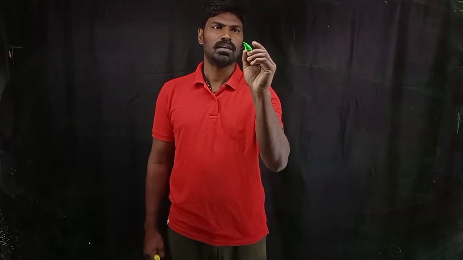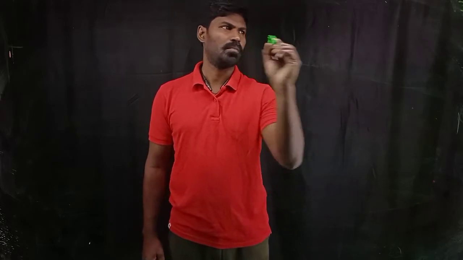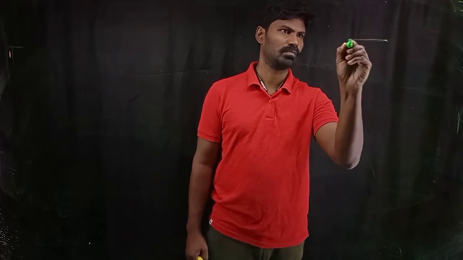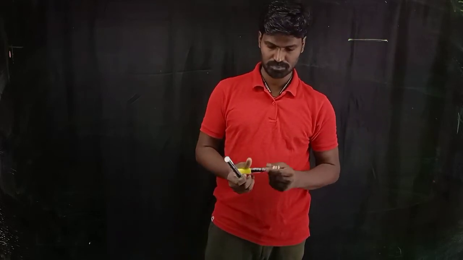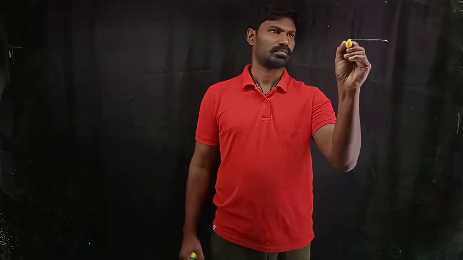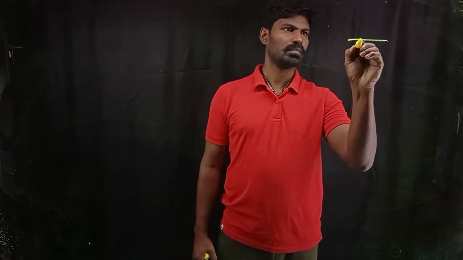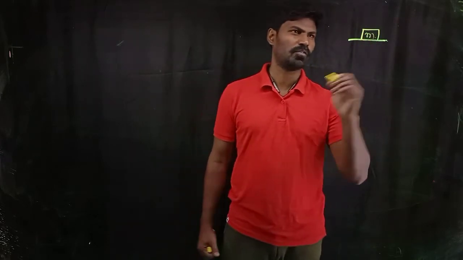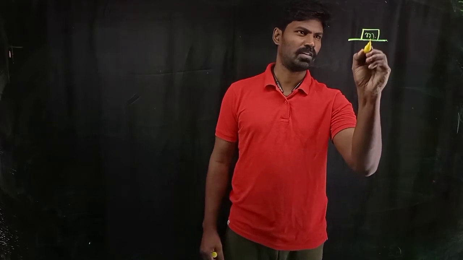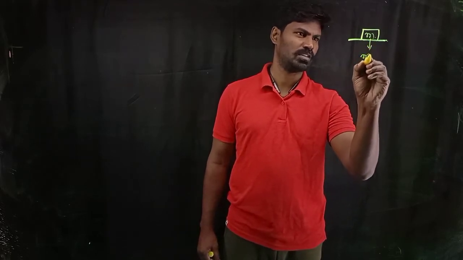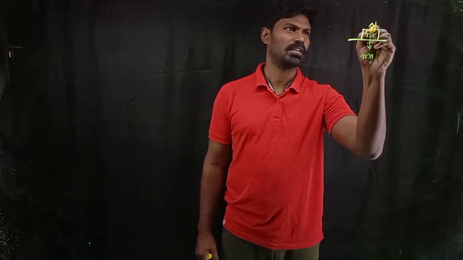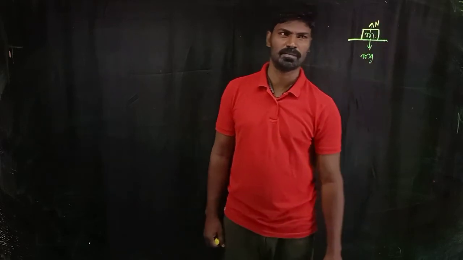Here I'm considering a block of mass m resting on a smooth horizontal surface. What are the forces acting on it? Gravitational force, mg, in the downward direction, and normal reaction, N, in the upward direction.